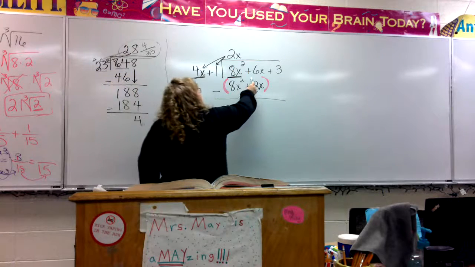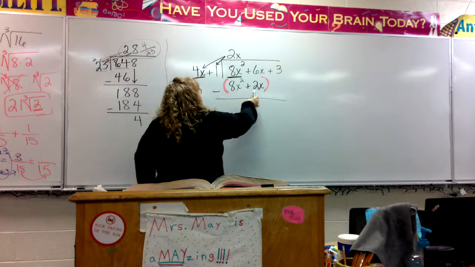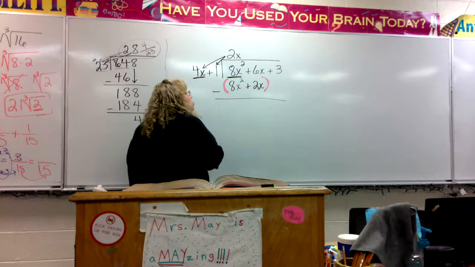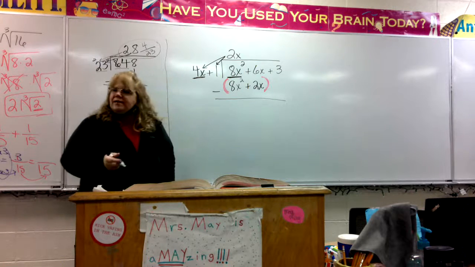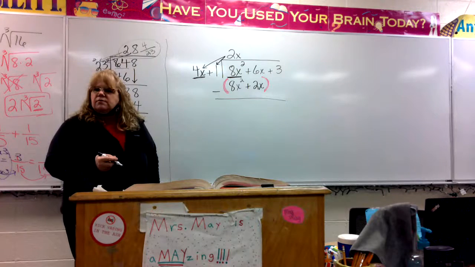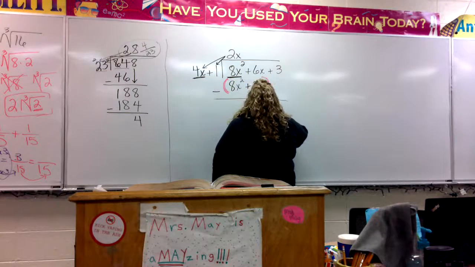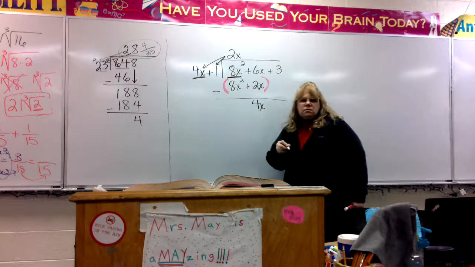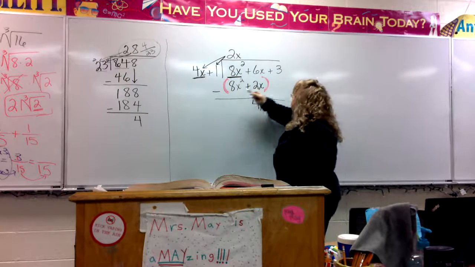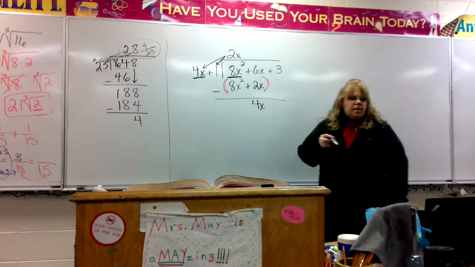But then I have 6x, take away 2x. What's 6x take away 2x? 4x. Right? 6x take away 2x, 4x.